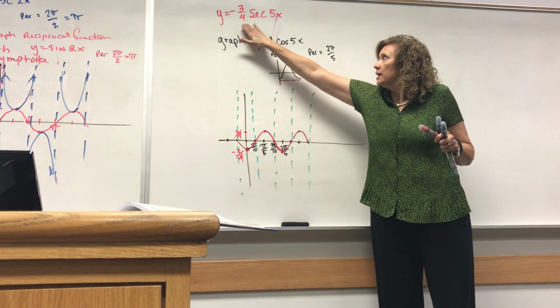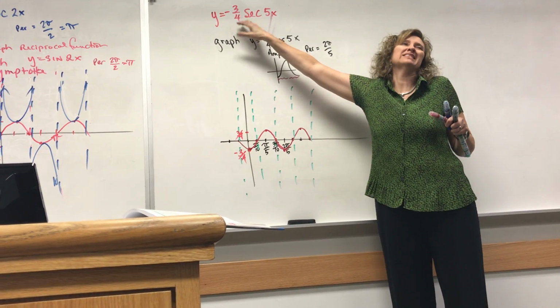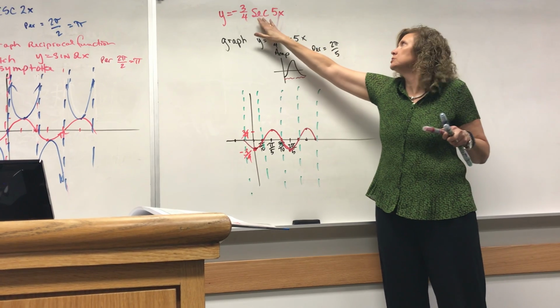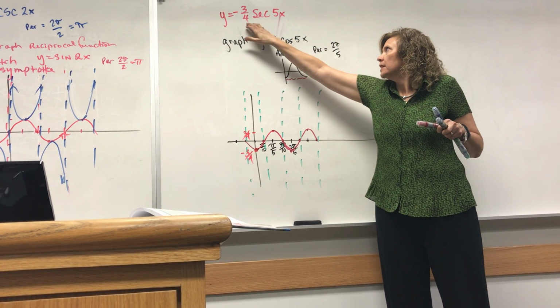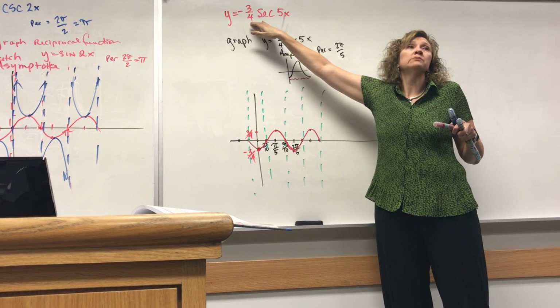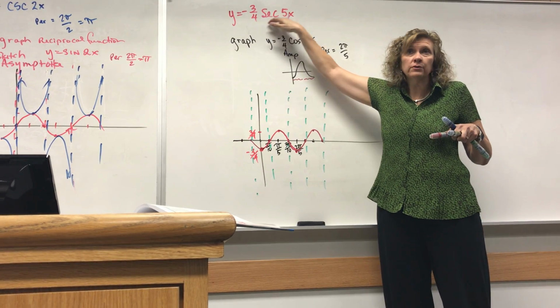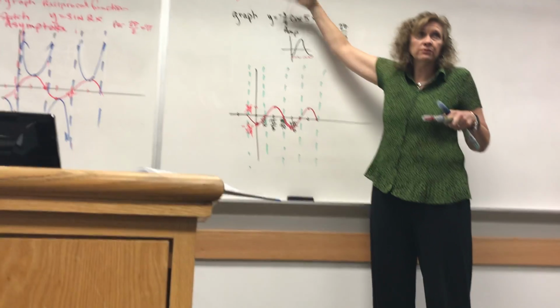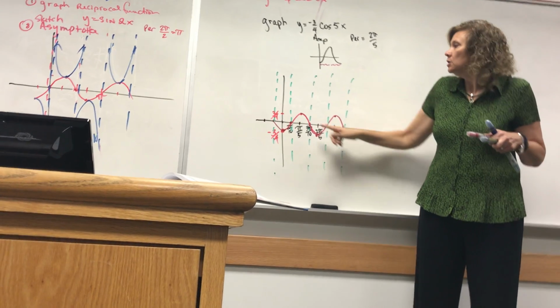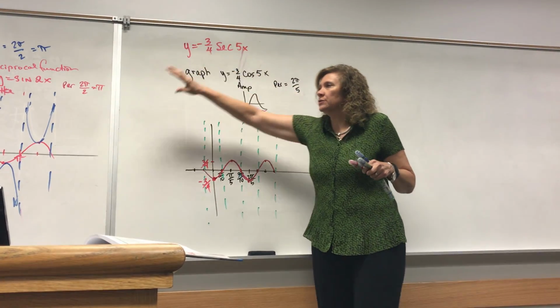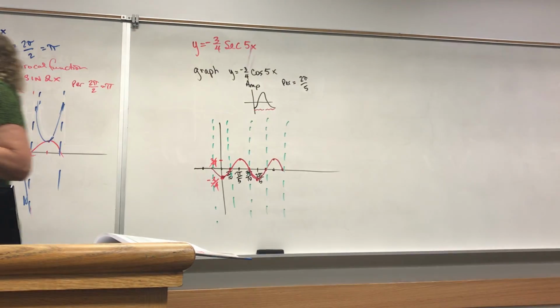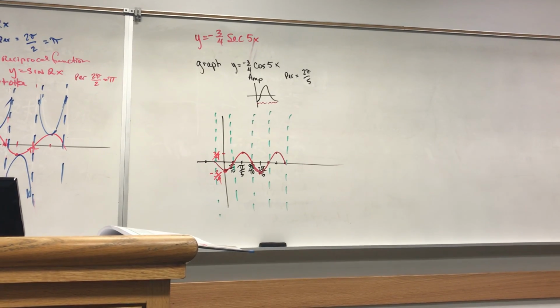This 3/4 is kind of, I don't want to call it amplitude, but this is going to be the smallest value that the secant curve is going to reach. Everything's going to be bigger, okay? I used a lot of reciprocal, flip it over kind of stuff here.